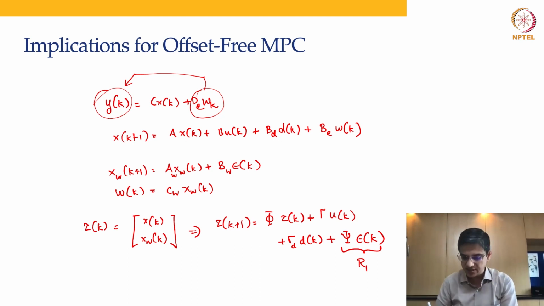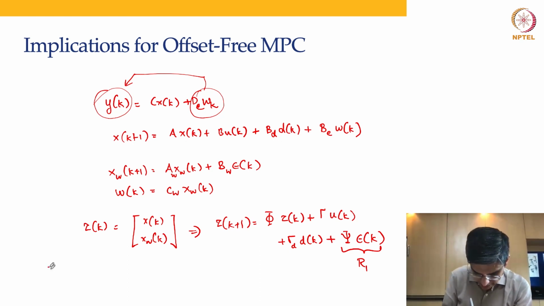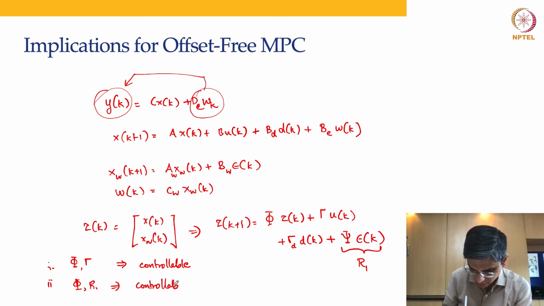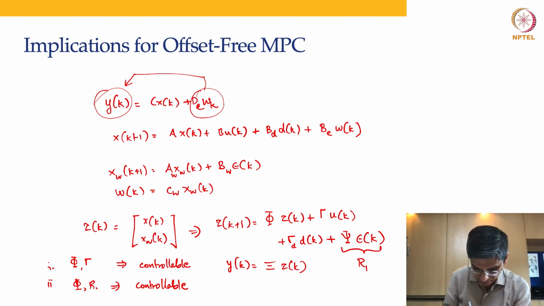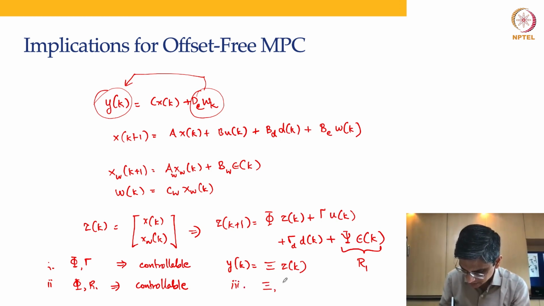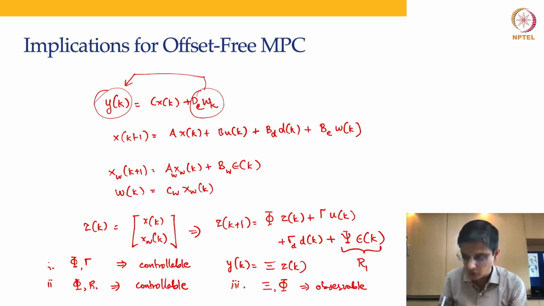Okay, so if this is the structure, what is needed is that our (phi, gamma) should be controllable, (phi, R1) should be controllable, and then we have yk = psi zk, and the third thing is that (psi, phi) should be observable.